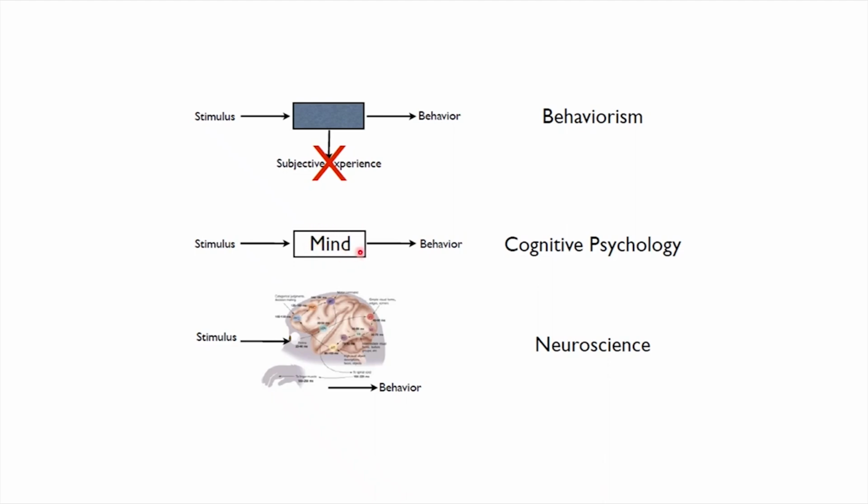So the mapping depends not only on what stimulus is coming, but also on the current state of the mind and how the mind functions. And the field of experimental neuroscience tries to look at the whole circuit that is involved in processing the stimulus and generating the behavior.